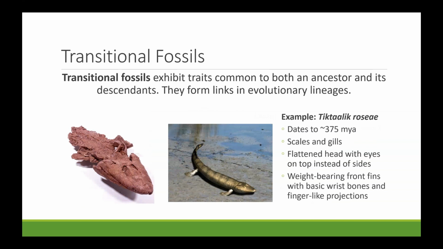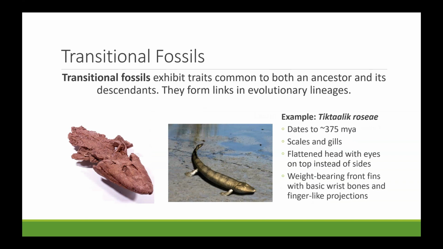Another transitional fossil is Tiktaalik roseae. This creature forms a link between aquatic fish and land-dwelling amphibians. So fossils of Tiktaalik date to about 375 million years ago, and those fossils show some fish-like features like scales and gills, but they also show some features that would be more similar to amphibians, like salamanders, for example.